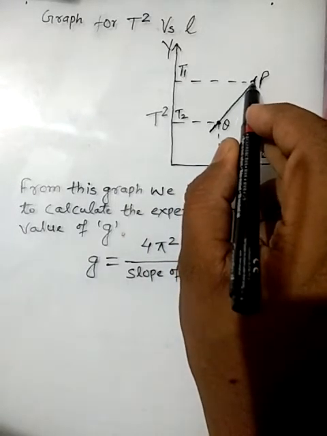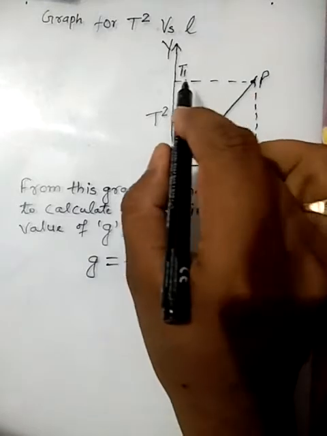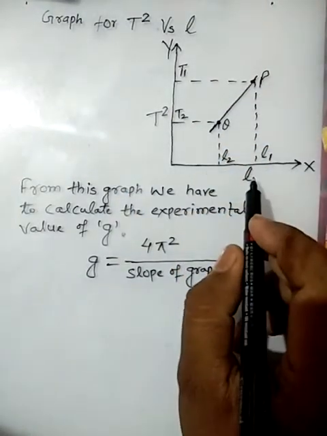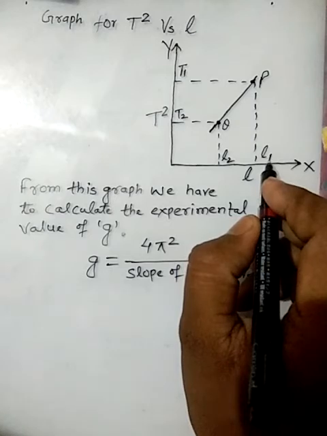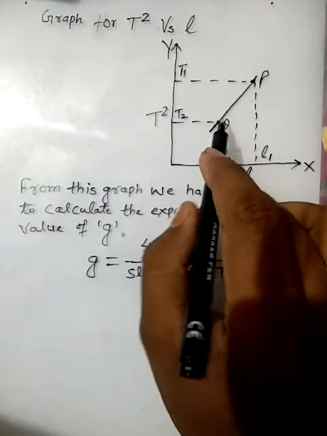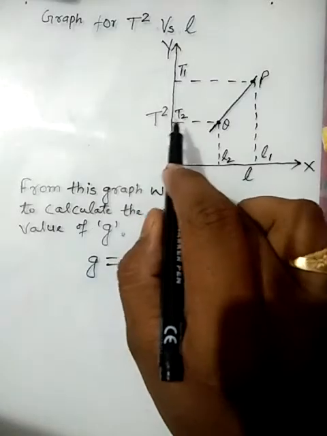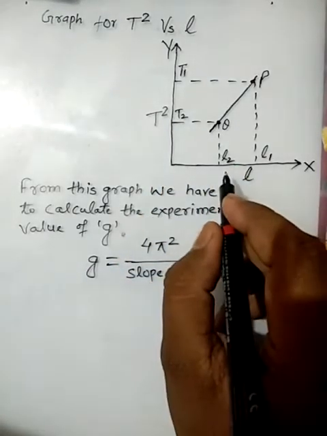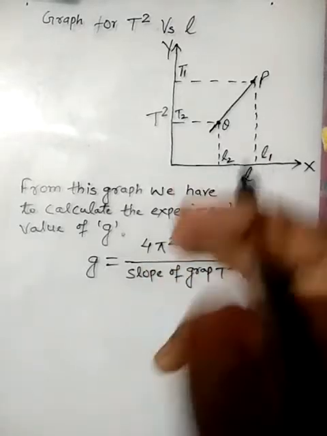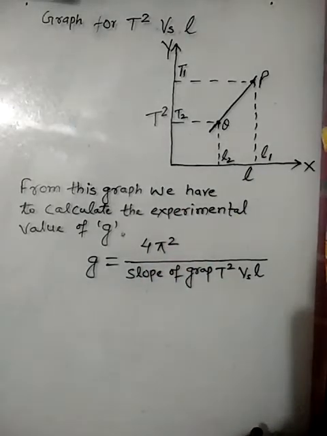The position of P on the y-axis is represented as T1, and on the x-axis as L1, whereas point Q is represented as T2 on the y-axis and L2 on the x-axis. Basically these are the coordinates of these 2 points.